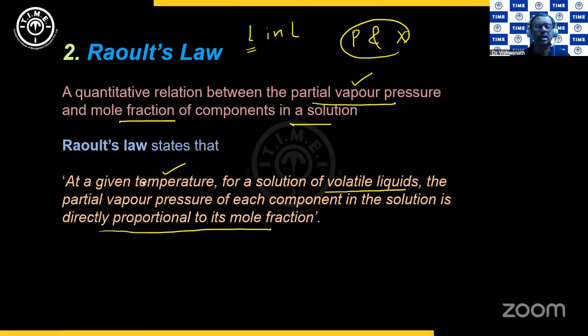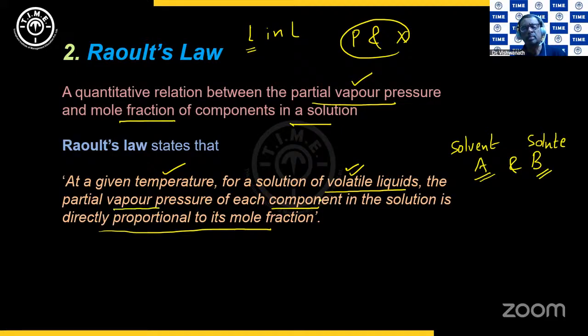The temperature is kept constant and the partial vapor pressure of each component, because both are volatile. So let us say A and B are the two liquids. A is the solvent. Usually A we keep as a solvent and B we take as a solute, right? So A will also give a vapor pressure. B will also give a vapor pressure. That is why we are saying the partial vapor pressure of each component is directly proportional to its mole fraction.